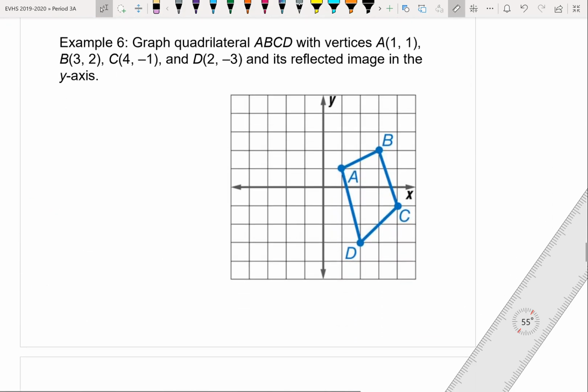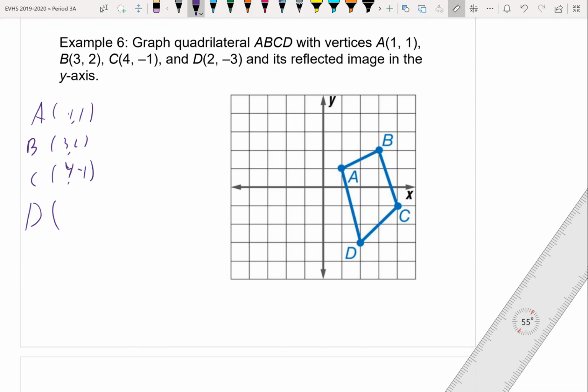Example 6. Let's go ahead and do the exact same idea. We're going to have points A, B, C, and D, which are at (1, 1), (3, 2), (4, negative 1), and (2, negative 3).